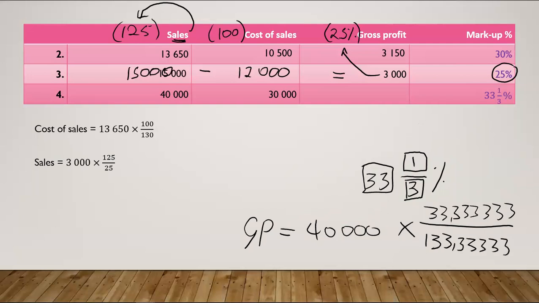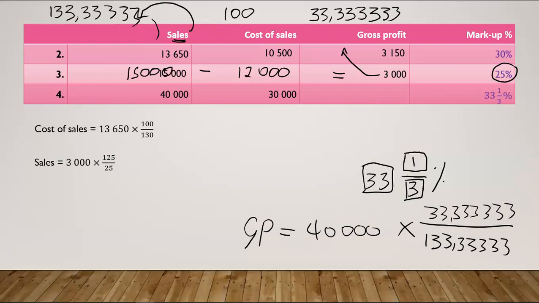If you're wondering how I got to that, here we know that gross profit will be 33.33333 and cost of sales will be 100, meaning that sales will be 133.3333.